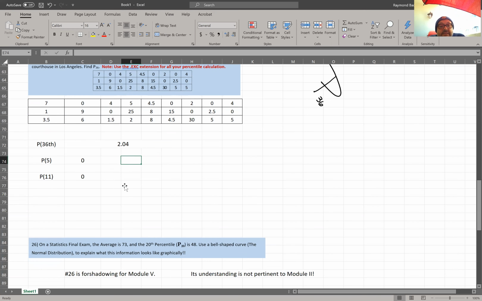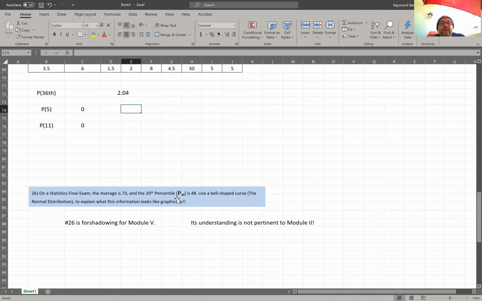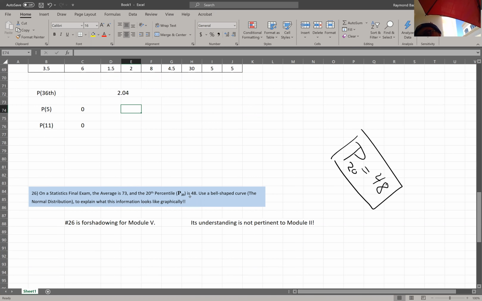The important thing is, what does it mean to say that the 20th percentile is 48? Pictorially, what does that mean in terms of the normal distribution?